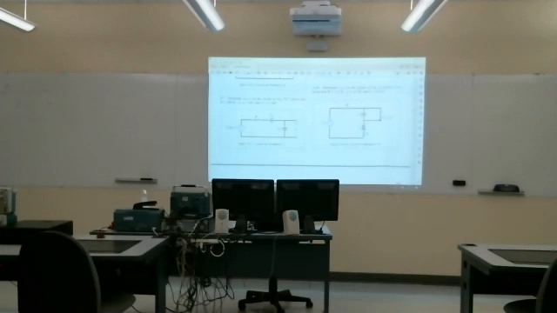That's essentially voltage division. So voltage division would say that VO is the input voltage times the impedance of the device we're interested in over the total impedance.